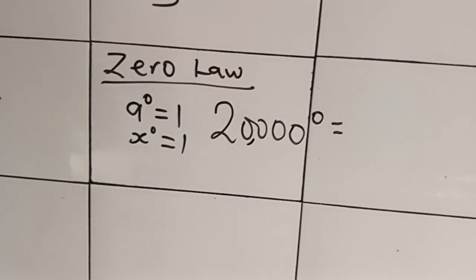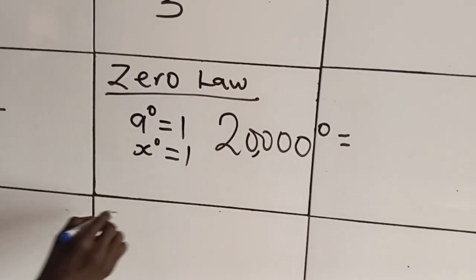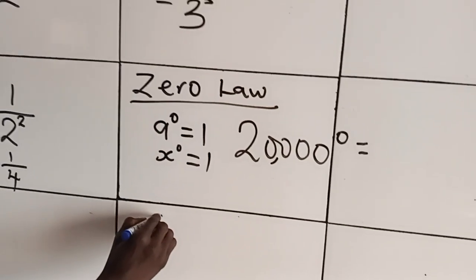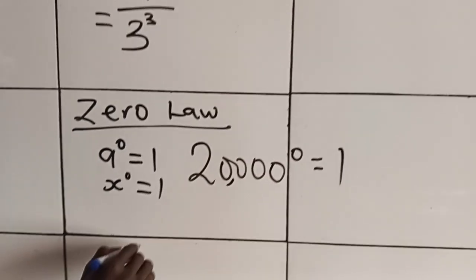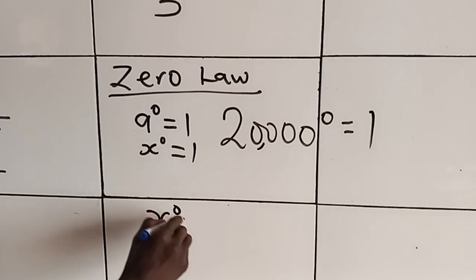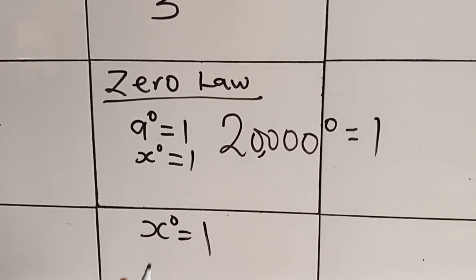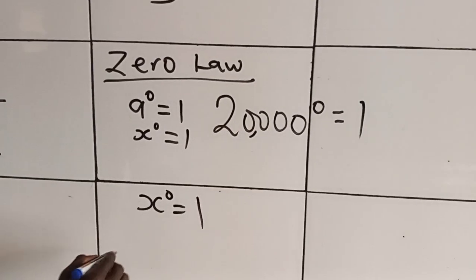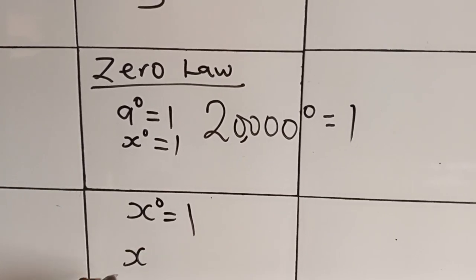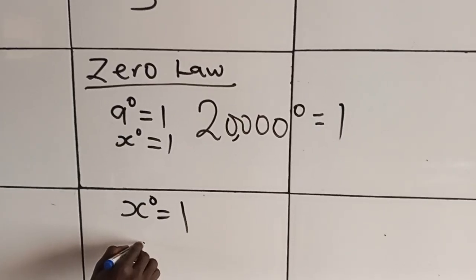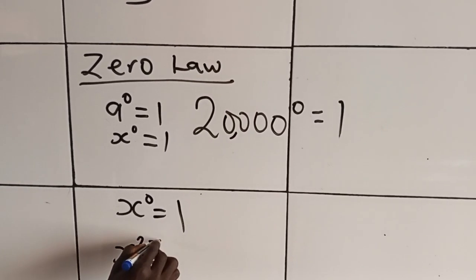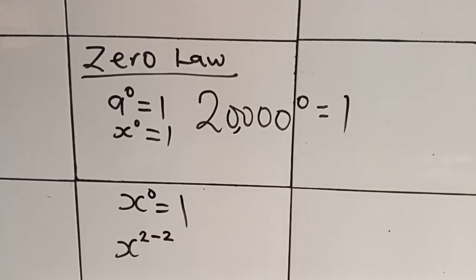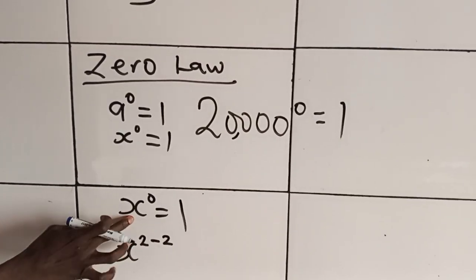Let me prove this. x raised to the power of 0 is equal to 1. How? x raised to the power of 2 minus 2 is also the same thing as x raised to the power of 0.